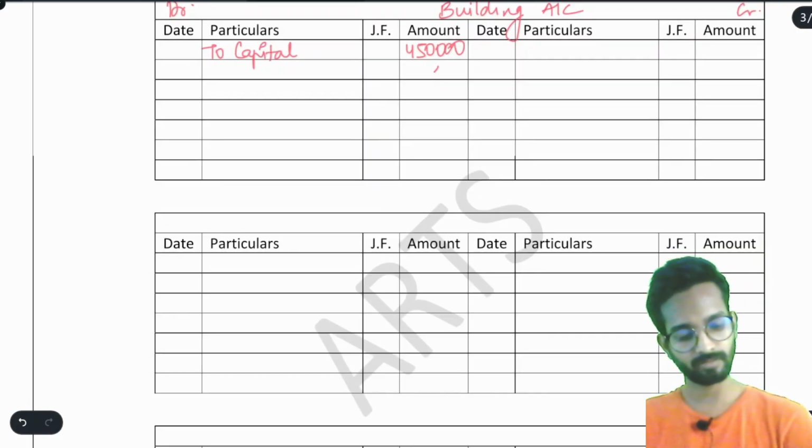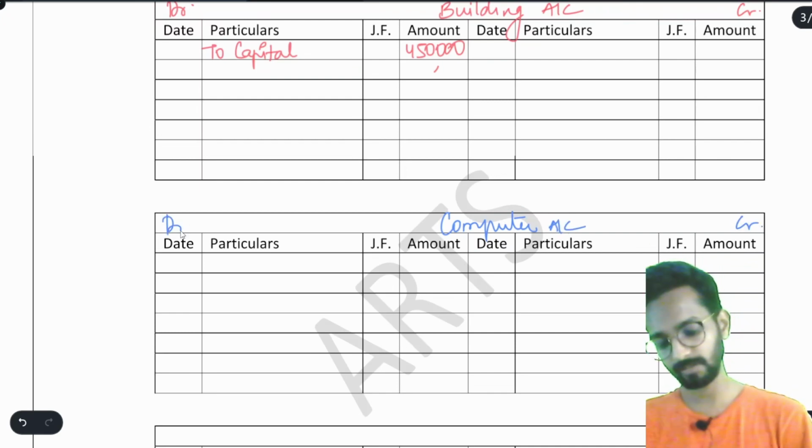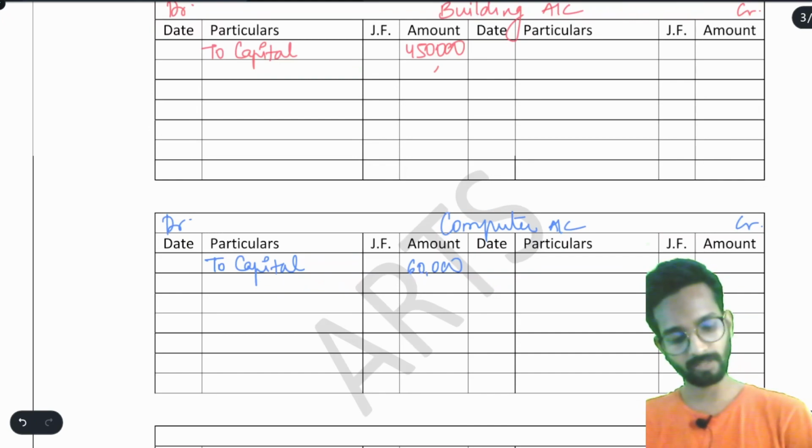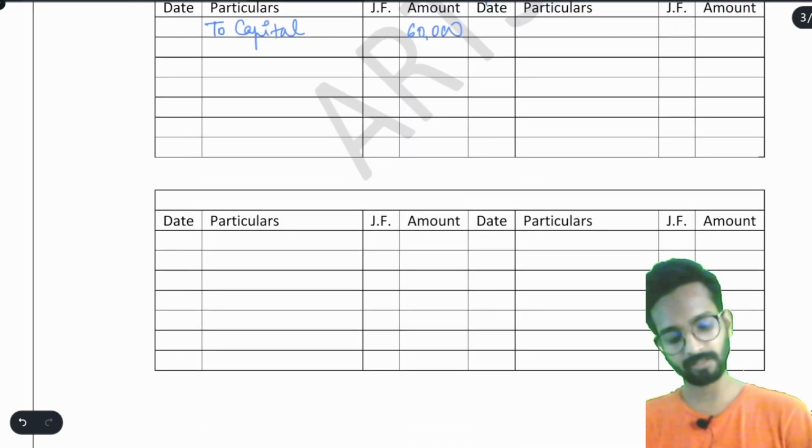Computer. So we will write here computer account, credit, debit. It was brought in capital, to capital. How much? 60,000. Then they brought a check. So I can write check in hand, credit, debit.